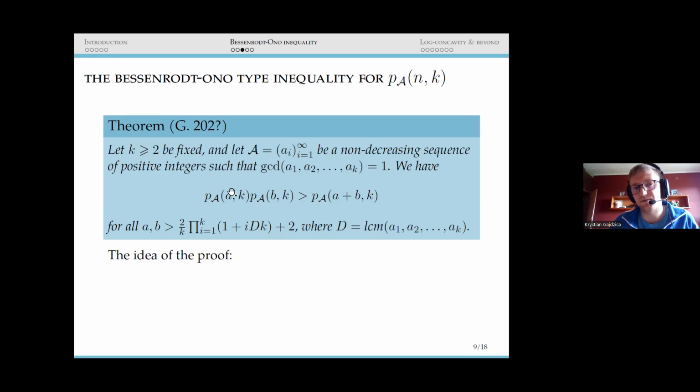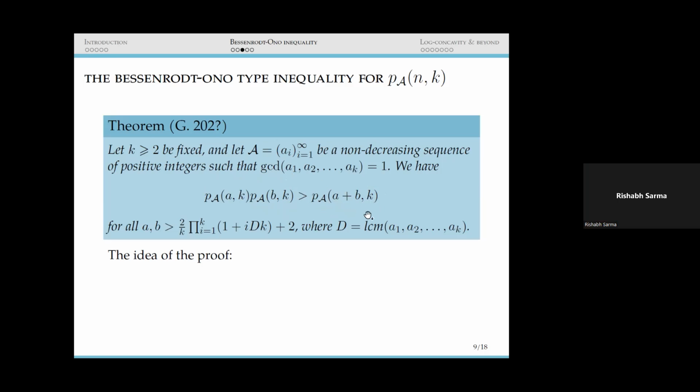So the restricted partition function takes the value 0 for all such n. In particular, if we take, for example, a, which is congruent to some i that is not 0 modulo the greatest common divisor, and b, which is congruent to minus i modulo the greatest common divisor, then we have 0 on the left-hand side, but on the right-hand side we may obtain a positive number.